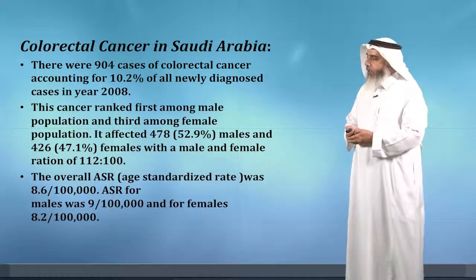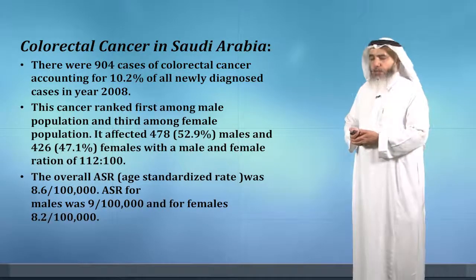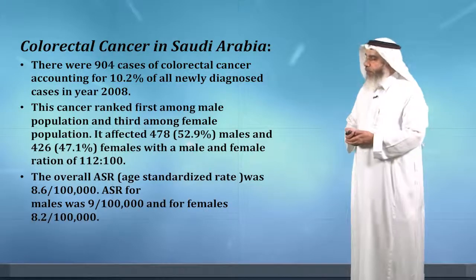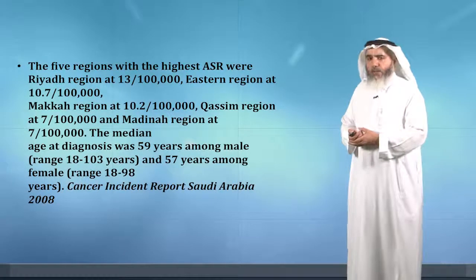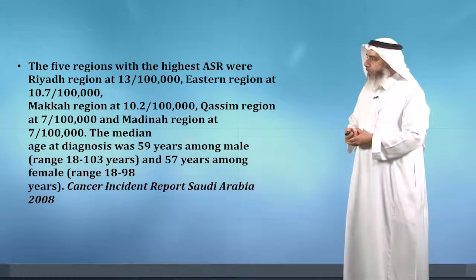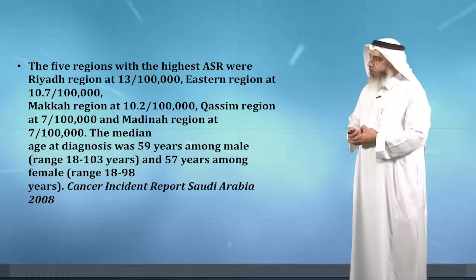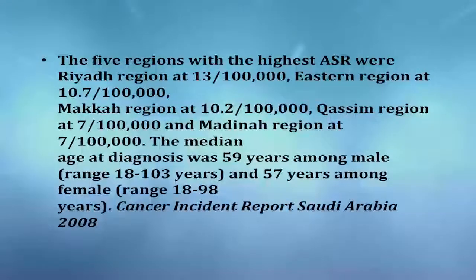The overall age standard rate was 8.6 per 100,000 of population. The regions with the highest ASR were Riyadh and the Eastern region. Mecca is third, Qasim follows, and Medina is fifth. The median age at diagnosis is 59 years for males and 57 years for females.